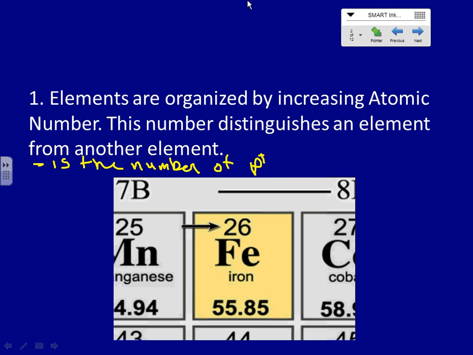What do you think that lowercase p with a plus stands for? Yeah, proton, all right? So the atomic number is the number of protons in the, we're jumping ahead, but where are the protons found? Yes, sir? The nucleus, in the nucleus. So since you've already got that information from the past, we'll just add it in right there. Does that sound familiar? All right.